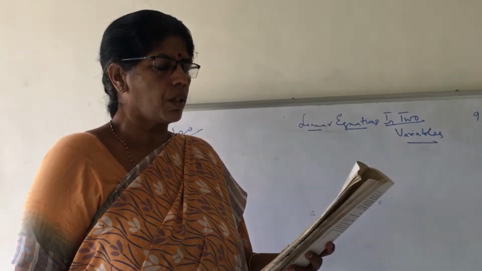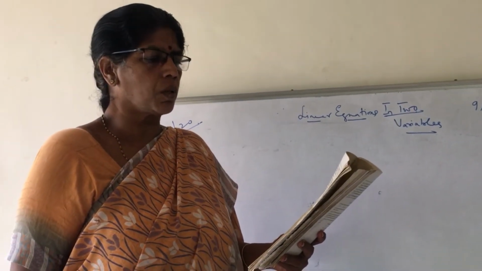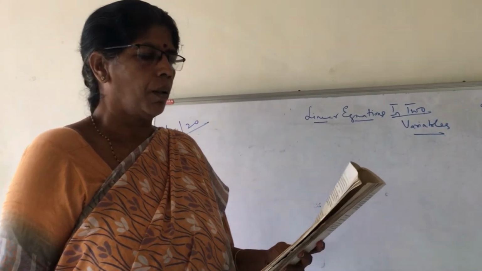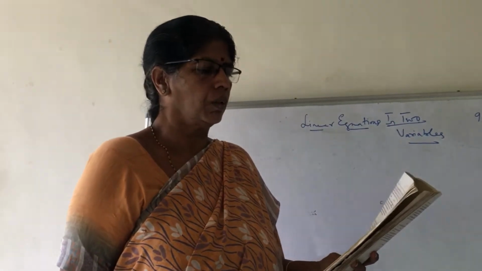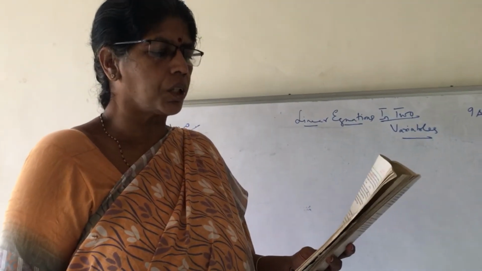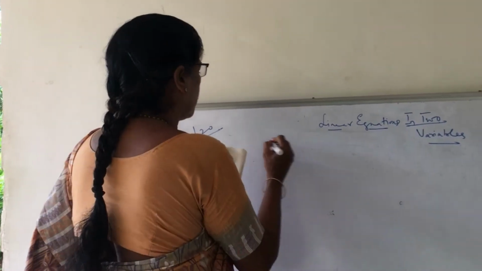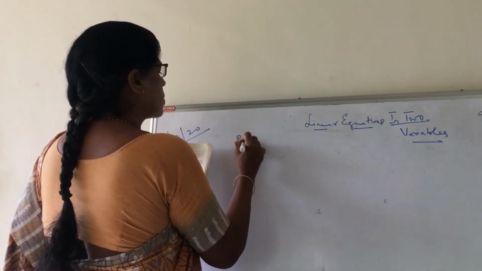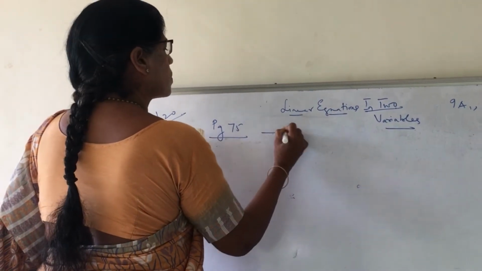In countries like US and Canada, the temperature is measured in Fahrenheit. But in our country, that is India, it is measured in Celsius. They have given you the linear equation, children, page 75, 8th sum.